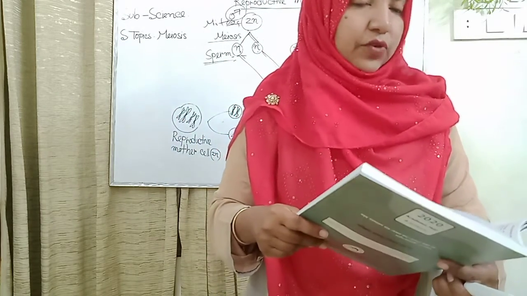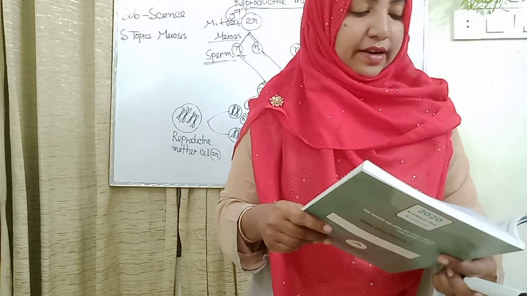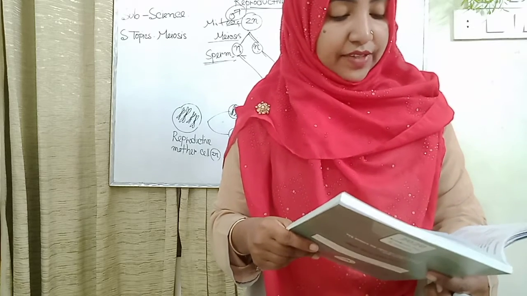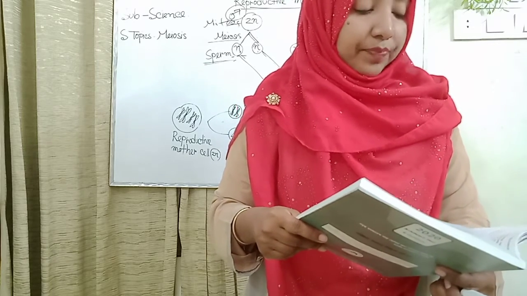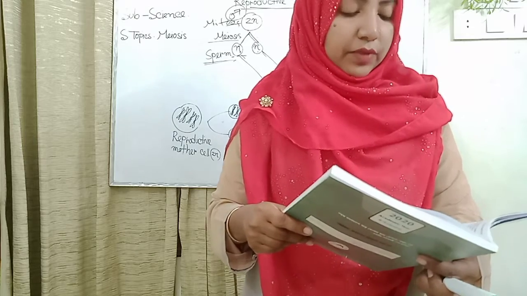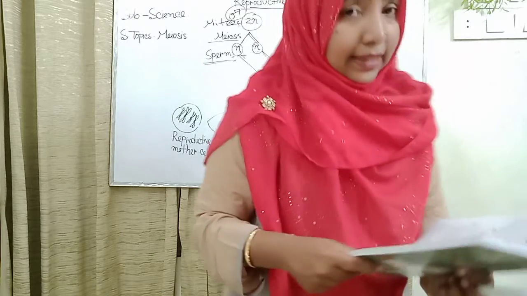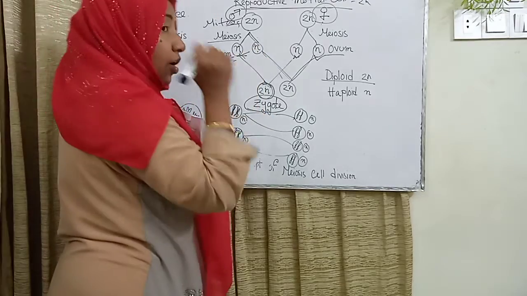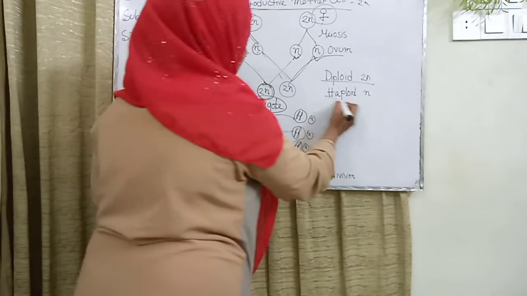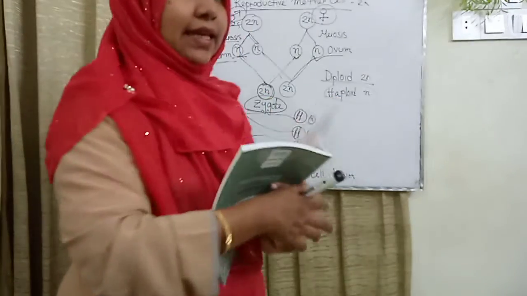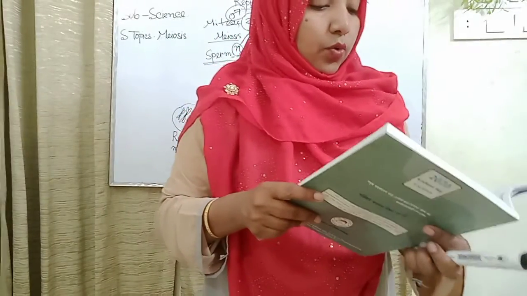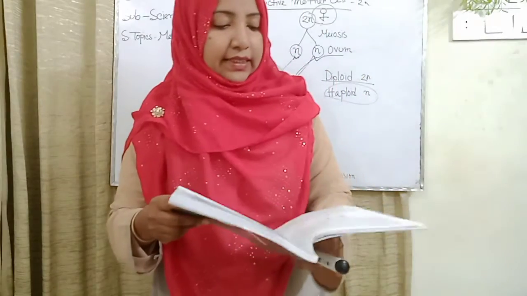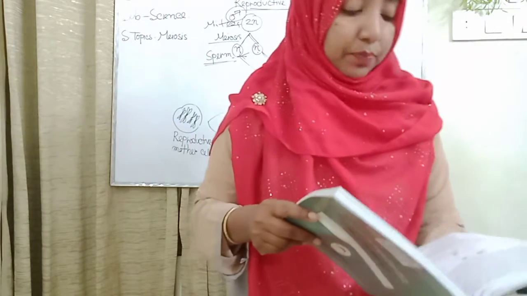This happens during formation of gametes and at a certain stage of the life cycle of lower plants. This state of chromosomes is called haploid. Another topic: when only N is formed, this word is haploid, and the zygote cell, the state of chromosomes is diploid.